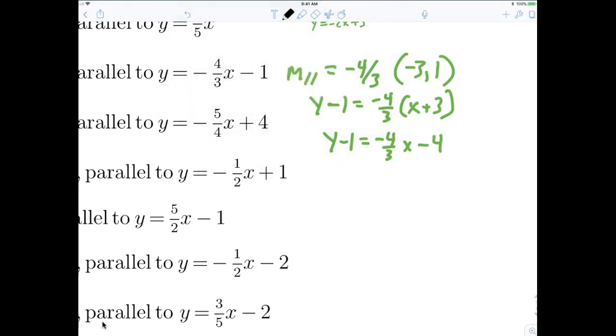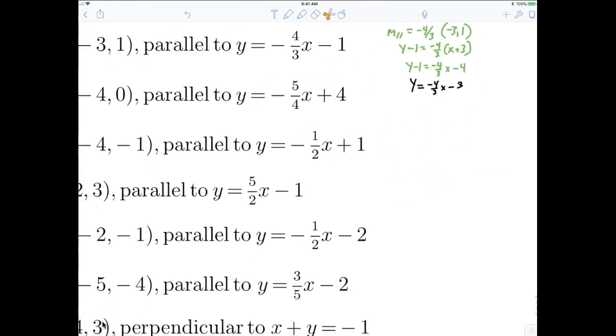So all I did was I distributed -4/3. And now I'm going to add 1. So your final answer is? Y equals -4/3 x, because 4 minus 1 is 3, right? Is everybody okay with that? Any questions? Nope. All right. Again, writing it in the right format's important.